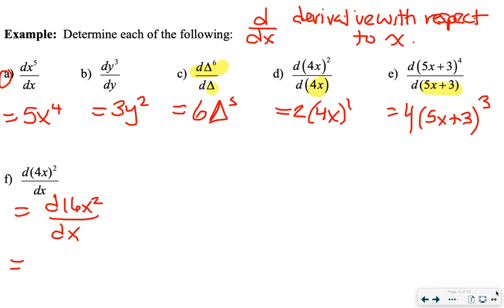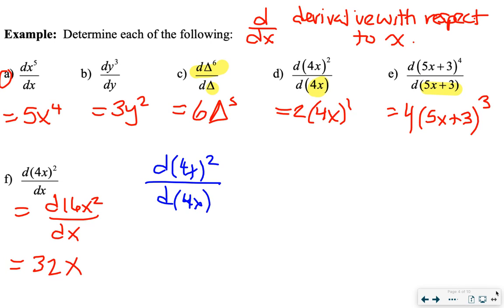Okay, so that's just going to use my power rule. And I'm going to get 2 times 16 of 32x. Okay, or what if I go, okay, well, I can take the derivative of 4x squared with respect to 4x, right?